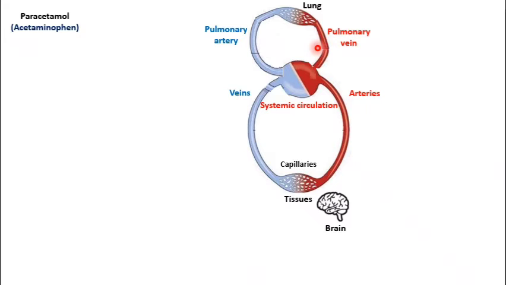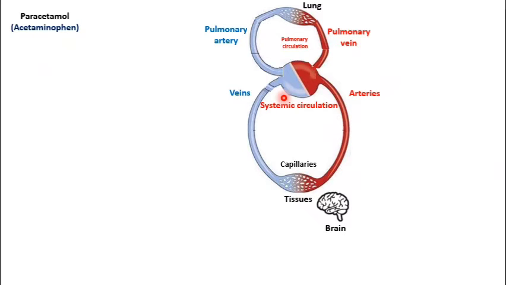So it goes like this. The right side of the heart pumps the deoxygenated blood to the lung through the pulmonary artery. And then the pulmonary vein carries away the oxygenated blood from the lung to the left side of the heart. And this happens again and again. And this is also a circulation like the systemic one, and we call it pulmonary circulation.